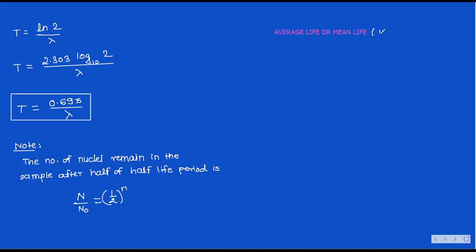This is denoted by tau, like this. How we denote torque, like that we should denote it. Okay, this is average life or mean life. So first, what is this average life? So first we will see the definition.